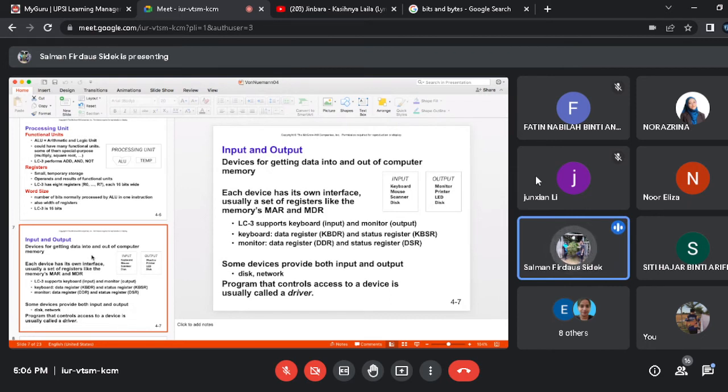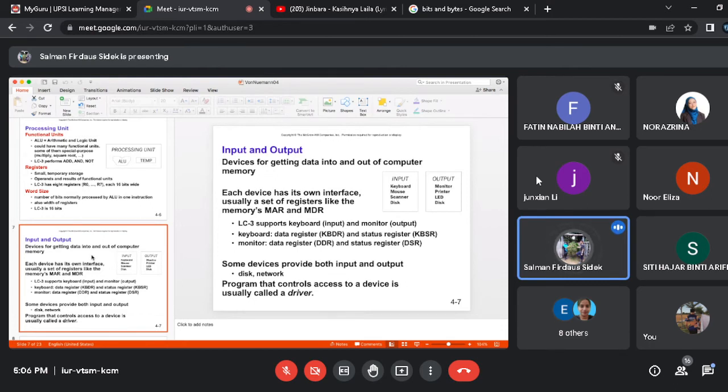Good. For input or output devices, like memory, they have their own registers, MAR and MDR. For your information, input and output devices also have their own registers. The data you key in from input, or take out using output, needs to be registered somewhere before the data is used.